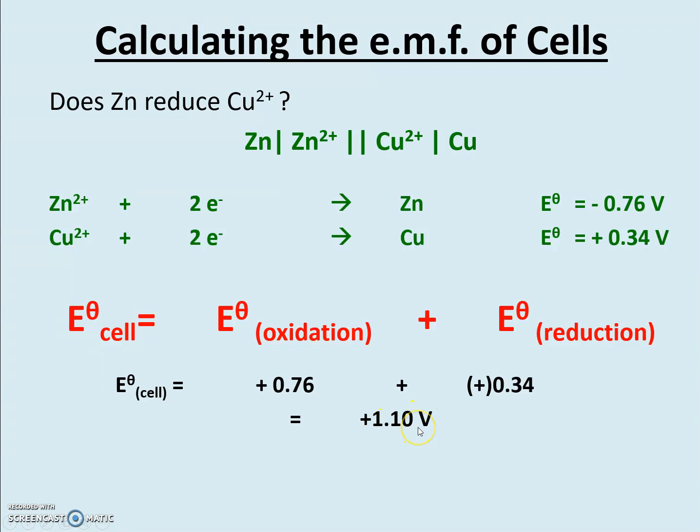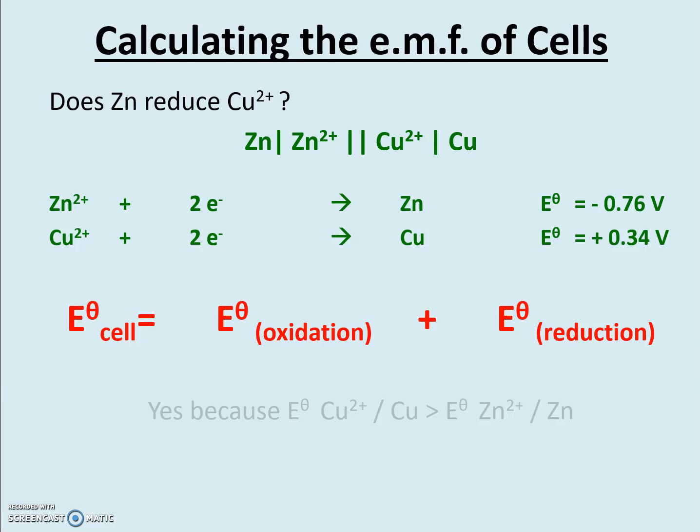Always quote to 2 decimal places. And so to answer the question, does zinc reduce copper 2+? Well, because the EMF of the cell is positive, it's greater than 0, the reaction is feasible.